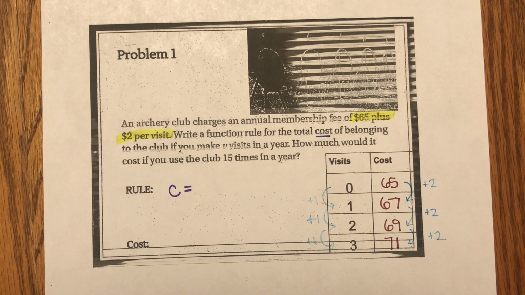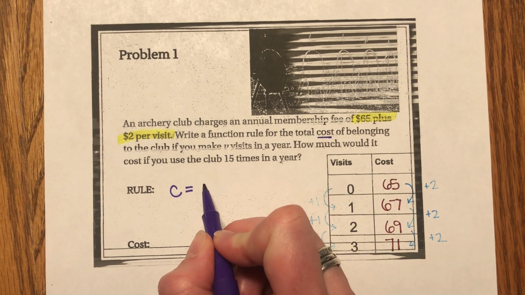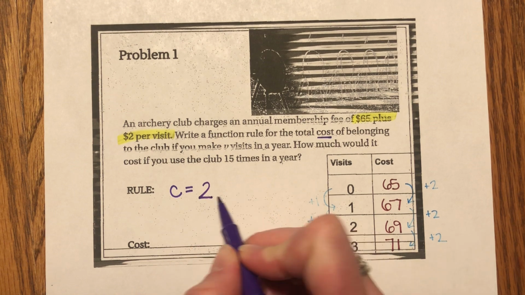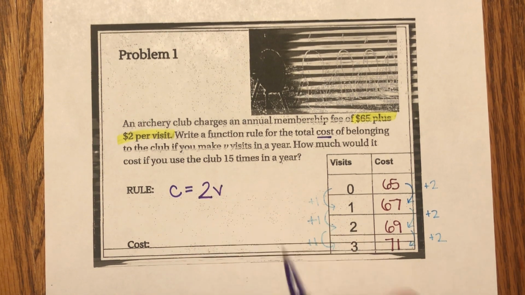So the total cost is C equals, and then if we want to make V visits, meaning we don't know how many, we're going to use this rate of 2 over 1, which is the same thing as 2, and then our V is just replacing X there.